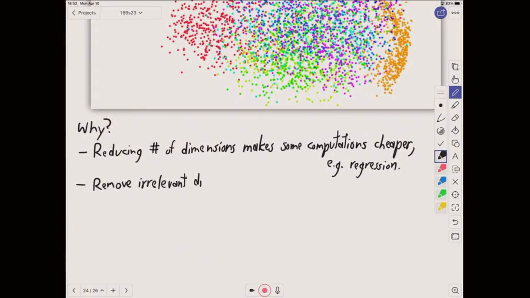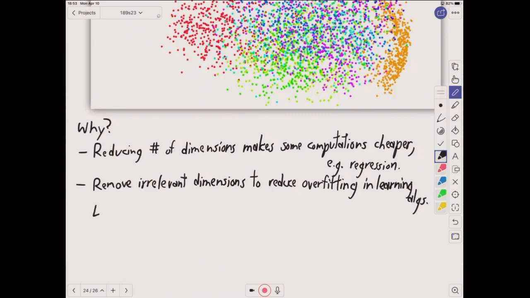It's just that the dimensions you're removing are not necessarily features per se, they're linear combinations of features. As a result of removing some dimensions, you might actually find that you get less overfitting. If you have fewer parameters to fit, then you have less chance of overfitting with regression or classification algorithms.